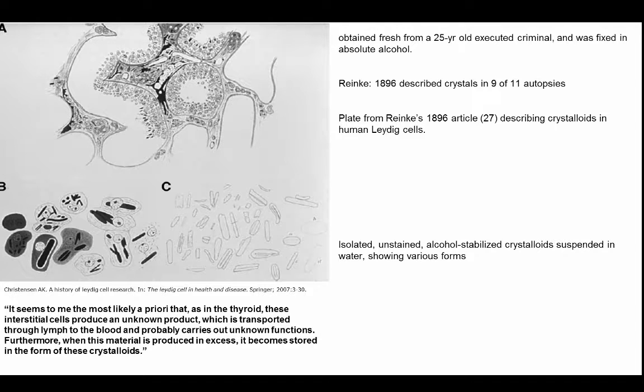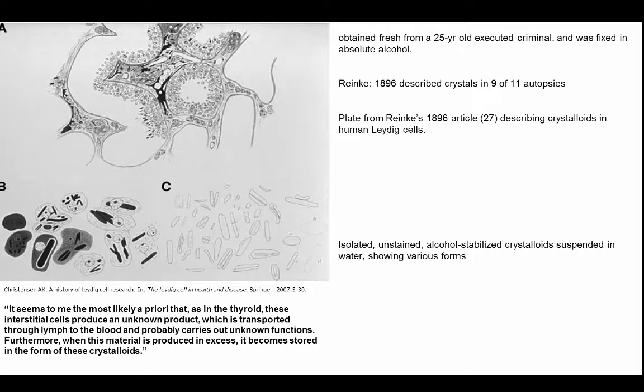So looking at the research, what is a Reinke crystal? Well, it was discovered in 1896 by Friedrich Reinke, who was a German anatomist, and he obtained fresh tissue from a 25-year-old executed criminal and was able to find these crystals within Leydig cells by close histologic examination and close attention to detail.